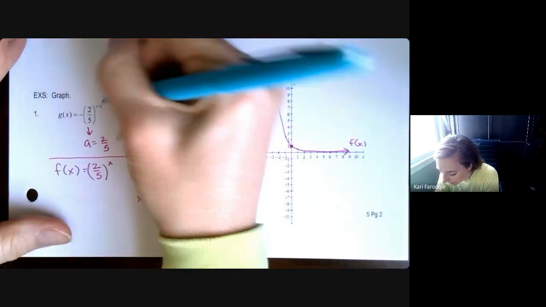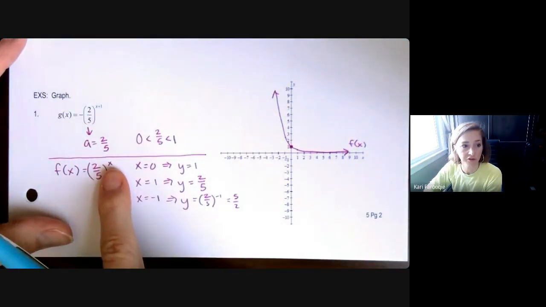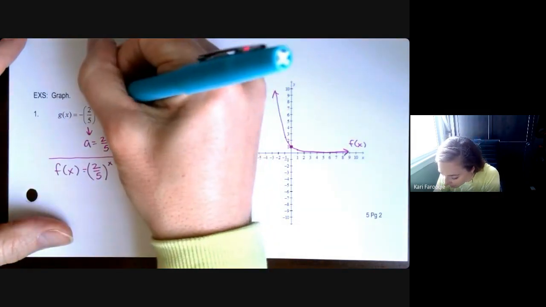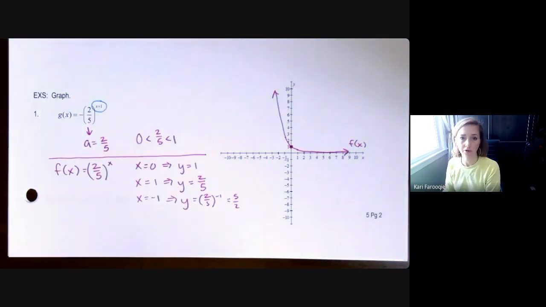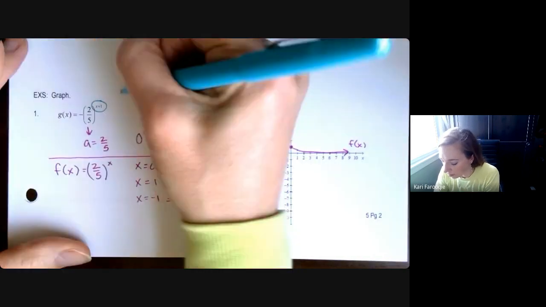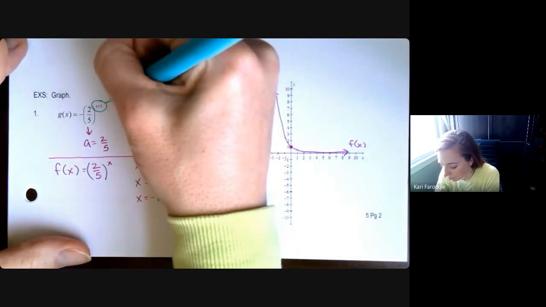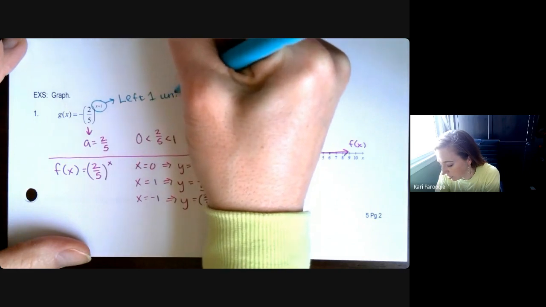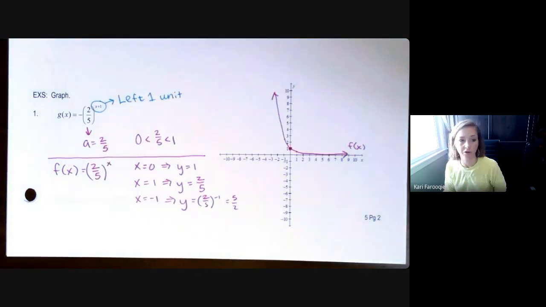When you are adding, so instead of just 2/5 to the x, we have 2/5 to the x plus 1. You're adding inside the function, so you're actually moving to the left. So when you have 2/5 to the x plus 1, your graph is getting shifted to the left 1 unit.